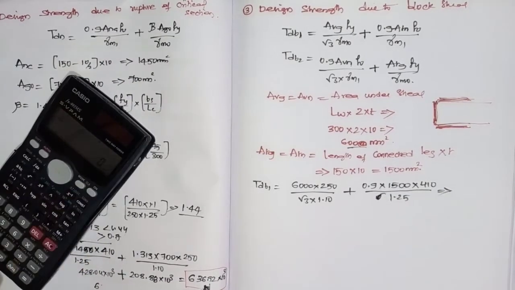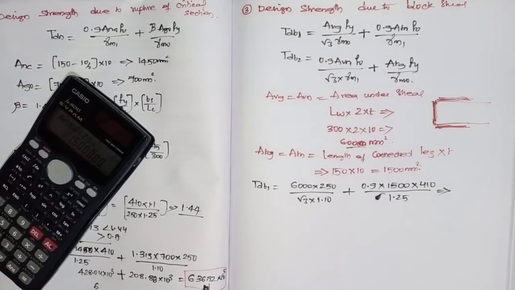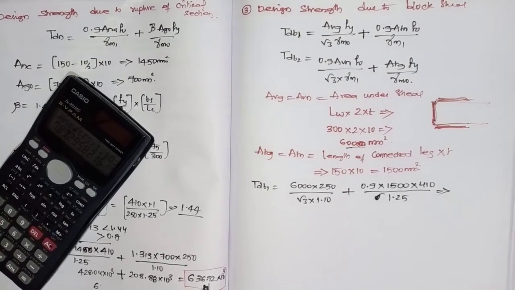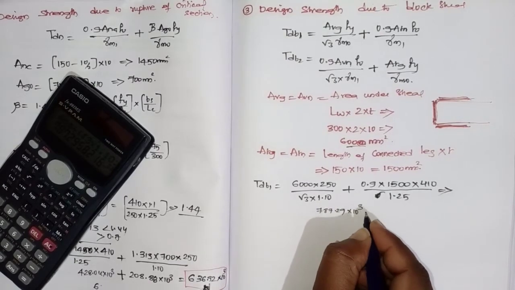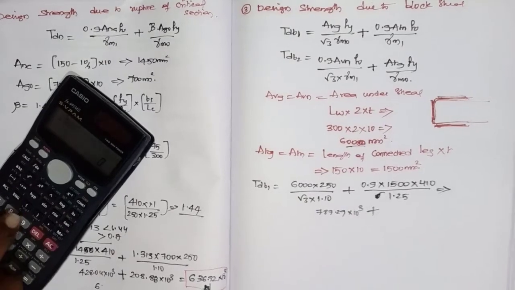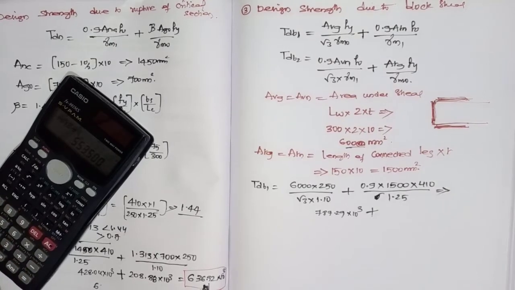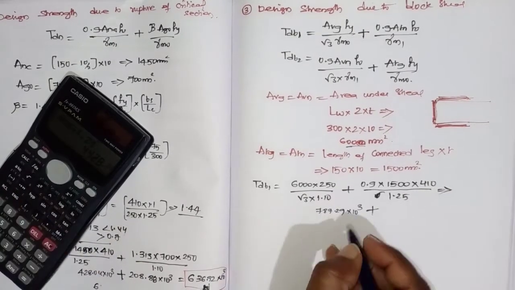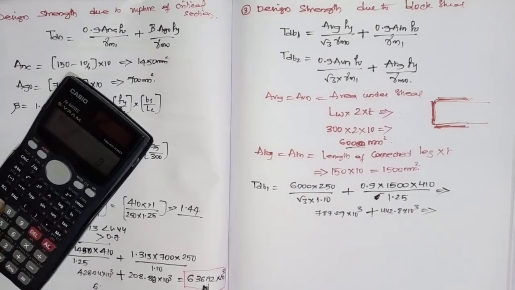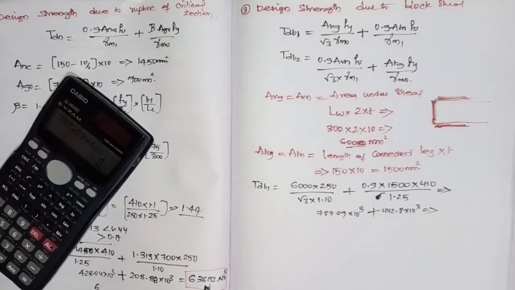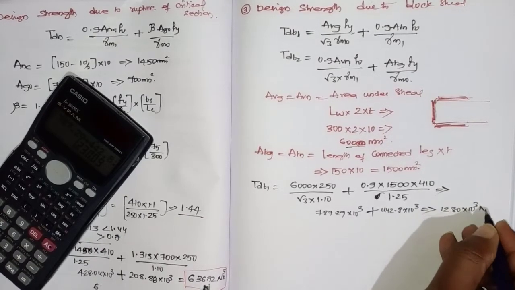If I solve it separately, 6000 into 250 divided by root 3 into 1.10, how much am I getting? 787.29 into 10 power 3 plus 0.9 into 1500 into 410 divided by 1.25, so 442.8 into 10 power 3. 787.29 plus 442.8, so 1230 into 10 power 3 newtons.